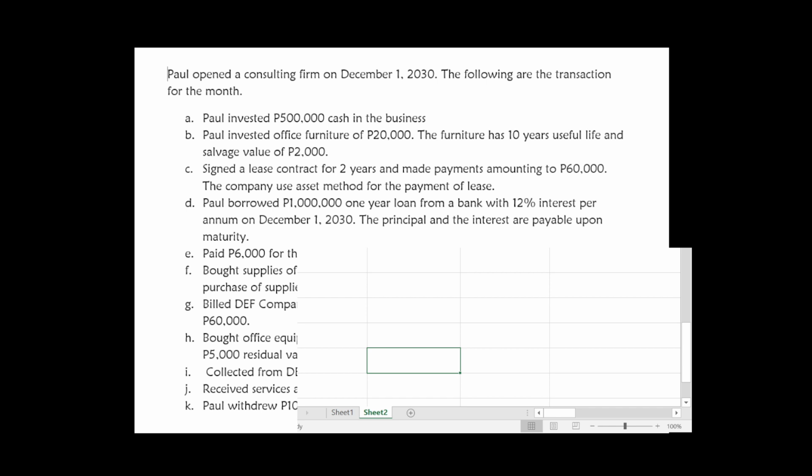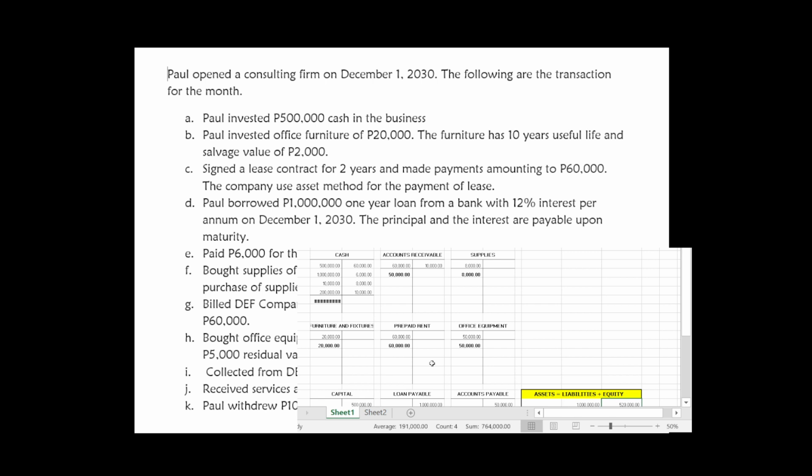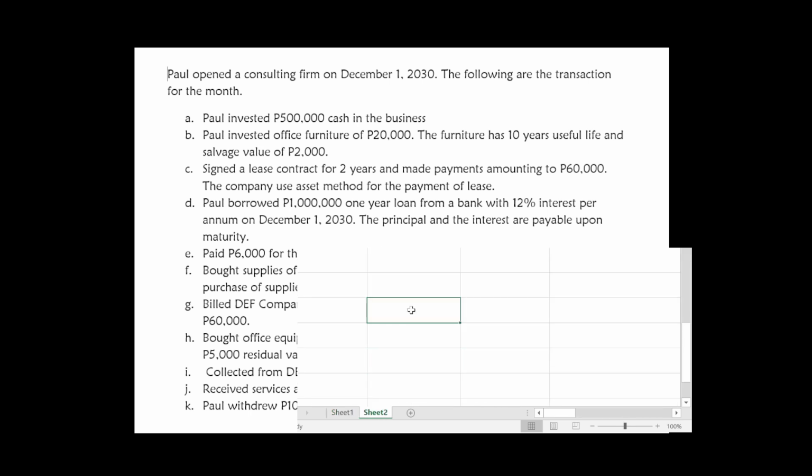So, again, yung entry natin doon, balikan natin prepaid rent, eto 60,000. So, at the end of the year, hindi na totoo itong prepaid rent na 60,000 kasi nga 1 month nito is nagamit na. So, yung counting natin from December 1 to December 31. So, that is 1 month.